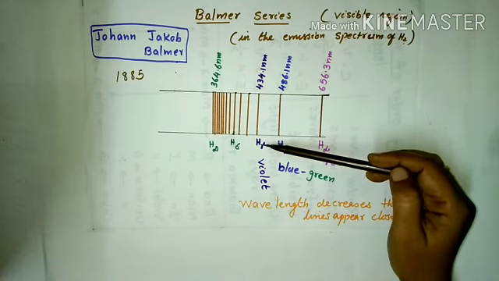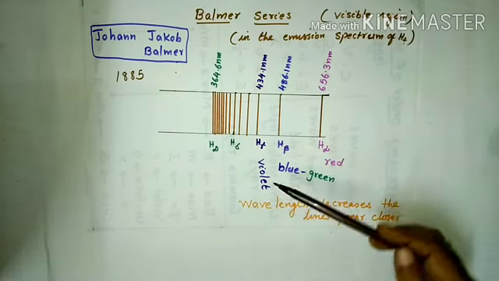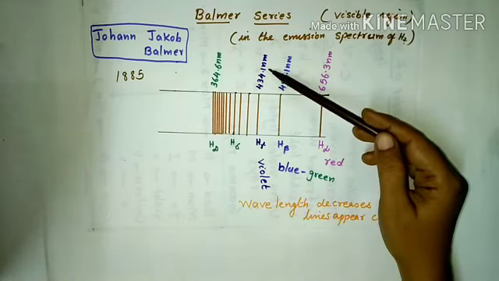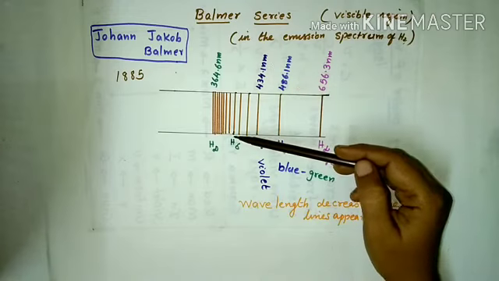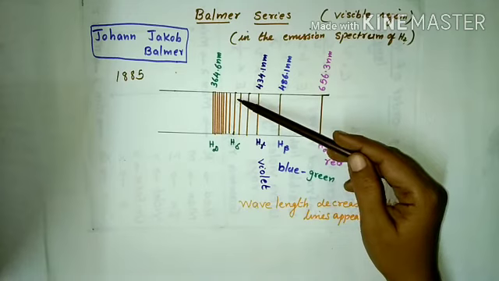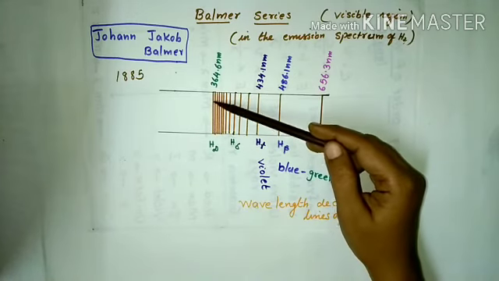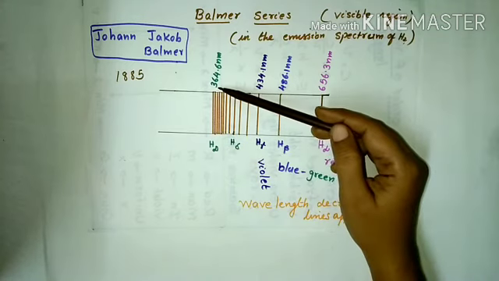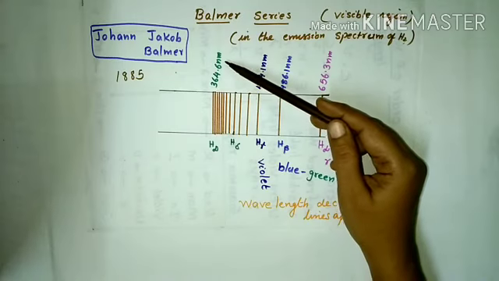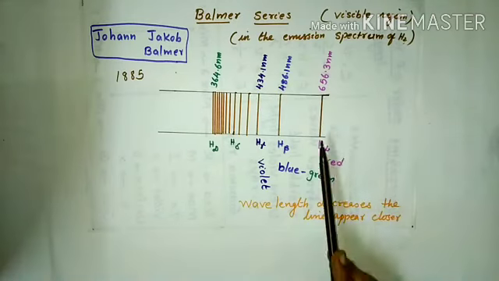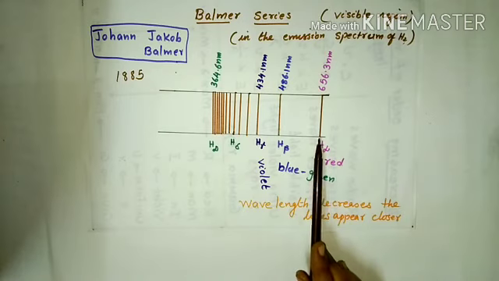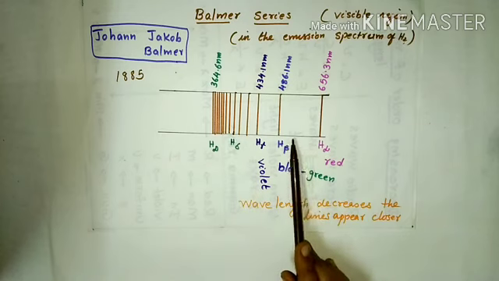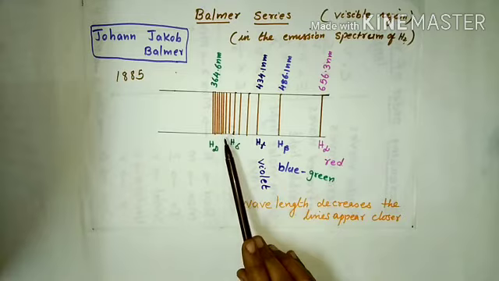The third line is the H gamma line, in the violet region, with wavelength 434.1 nanometer. Then the H delta line, and so on. Finally, the shortest wavelength in the Balmer series is known as H infinity, with wavelength 364.6 nanometer. When the wavelength decreases, the lines appear closer together and the intensity of the spectral lines also becomes weaker.